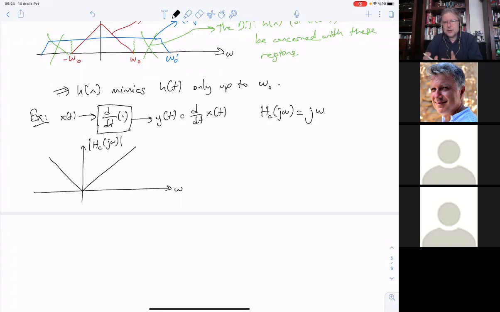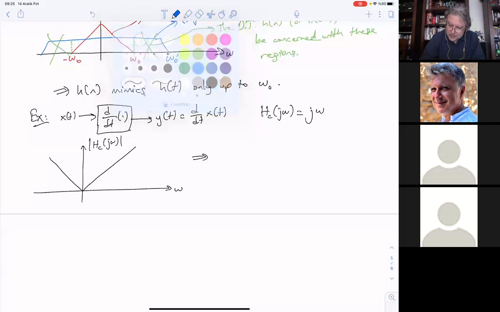The absolute value of j omega is the absolute value of omega, and the absolute value of omega is this shape. Now, what I'm going to do is apply a band limit to this one, because normally, of course, it's not band limited. H(j omega) is extending to infinite frequencies, but I'm going to limit it.